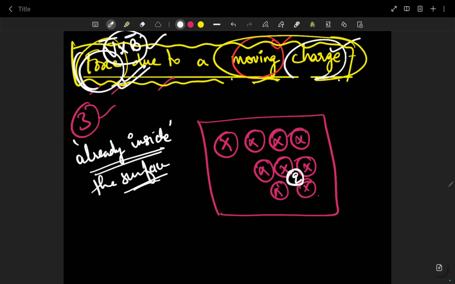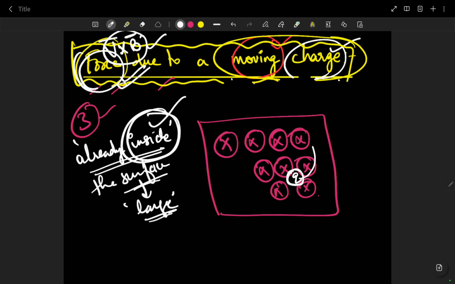It is already existing within the surface of the conductor. And this conductor is also exhibiting a magnetic field due to its current carrying nature, right? Since this is a large surface, the charge is already present inside. Let's understand how it works.